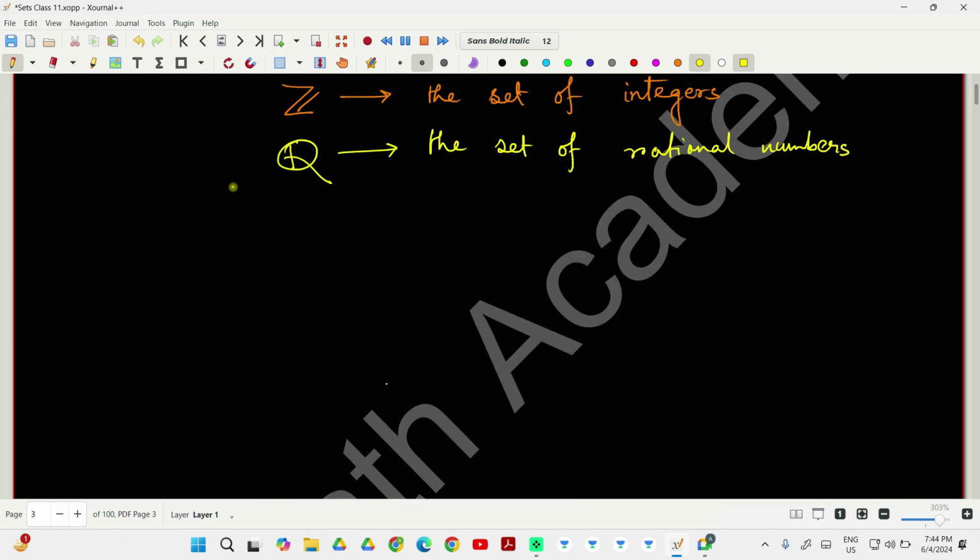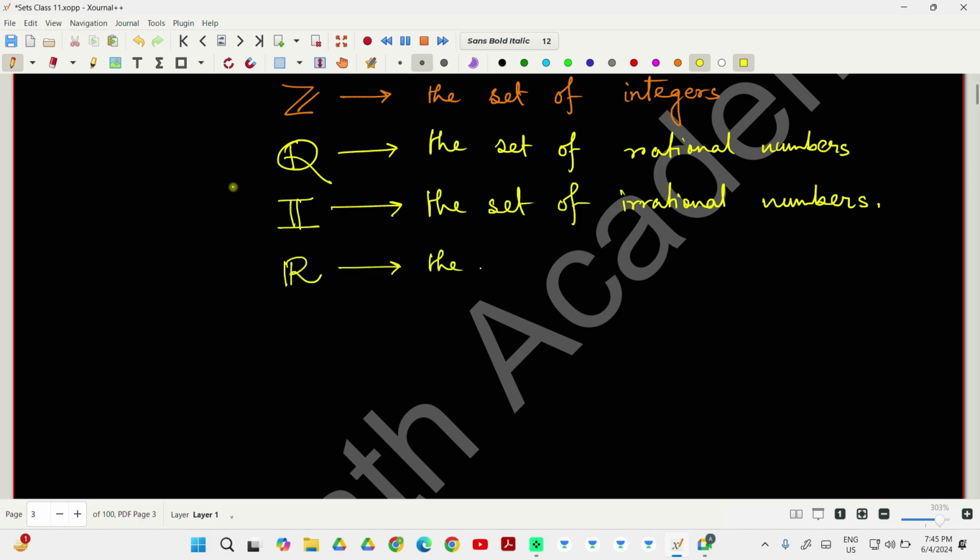After that, sometimes the set of irrational numbers is denoted by I. So I is the set of irrational numbers, and the set R is the set of real numbers.